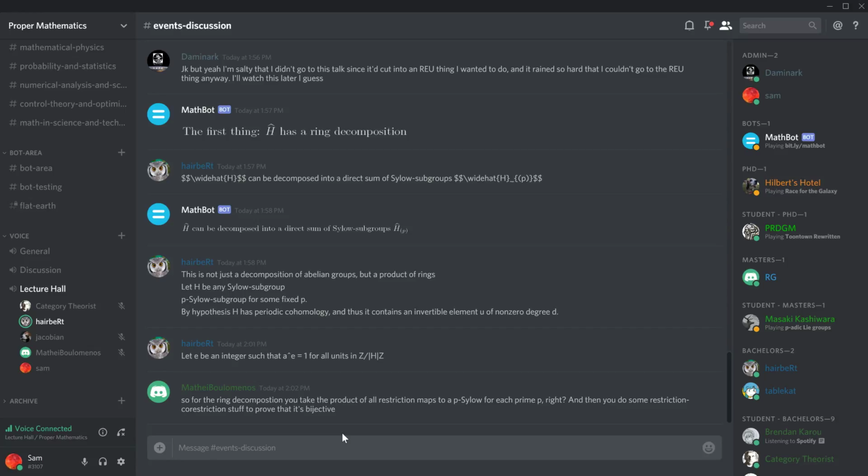The idea is that if you have this product of these p parts of the Tate cohomology, you just sum them up, and then you get another element in the Tate cohomology of G, and this is in fact a ring isomorphism.